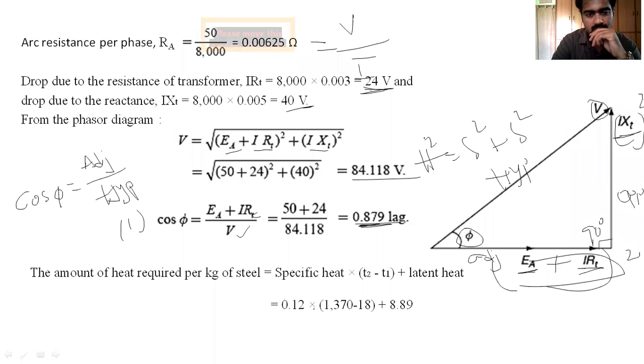The specific heat of the steel is given as 0.12, into the final temperature T2 minus T1. The initial temperature of the material is 18 degrees centigrade, and the operating temperature, at which the material is going to melt, is 1320 degrees centigrade. He has given this in the data. We are not going to take any extra data from anywhere else, just whatever data is given.